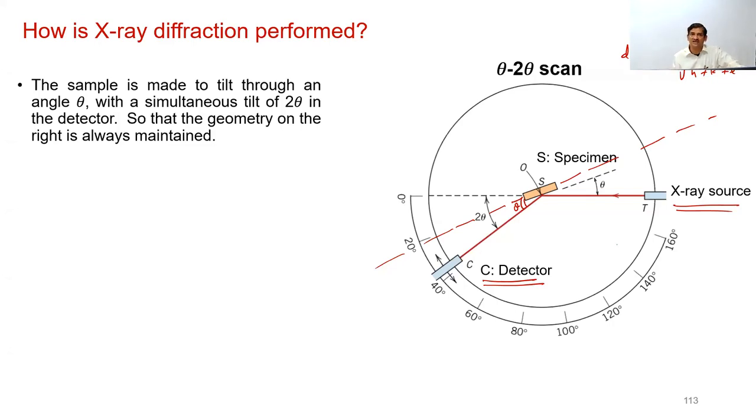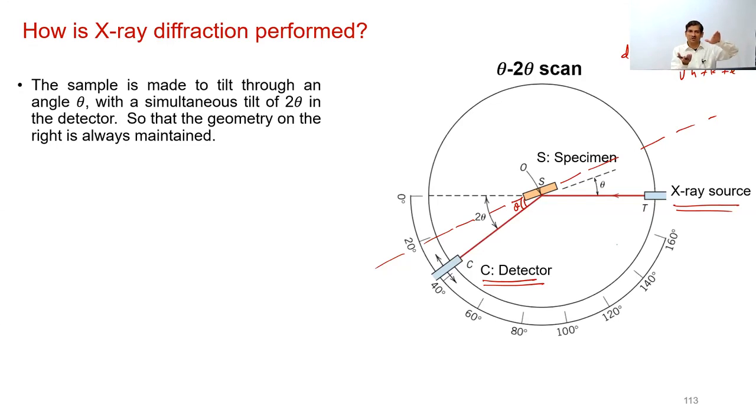That is why we need to be in a position such that we are able to scan a whole range of thetas that would possibly cover all possible crystalline orientations inside the material. That is why we put the sample in mechanically, put the X-ray source on one side, and keep the starting angle theta as, say, 10 degrees.